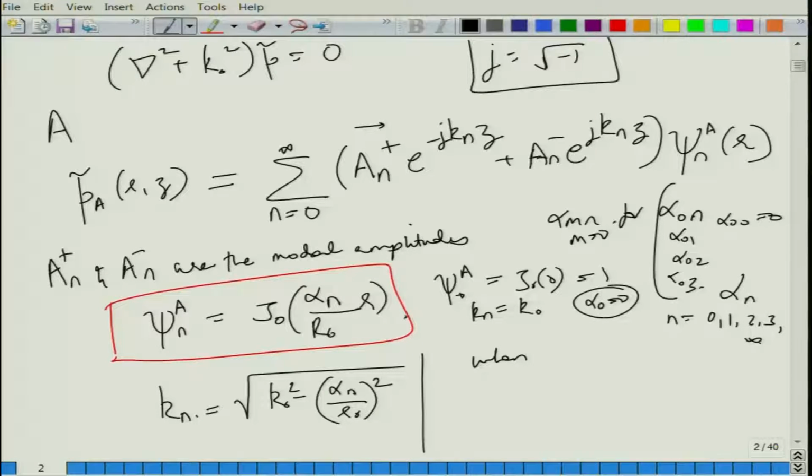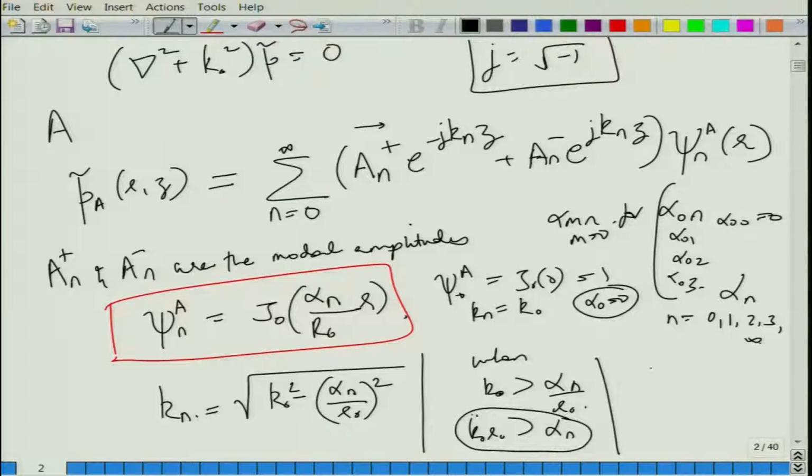Let us have some representation for n here. When k naught is greater than alpha n by r, that is, the excitation frequency is greater than this, or k naught r, once you know f naught, we can know k naught. So if the non-dimensional excitation frequency is greater than the non-dimensional resonance frequency of that particular mode, say the first radial mode, then the first radial mode will propagate.